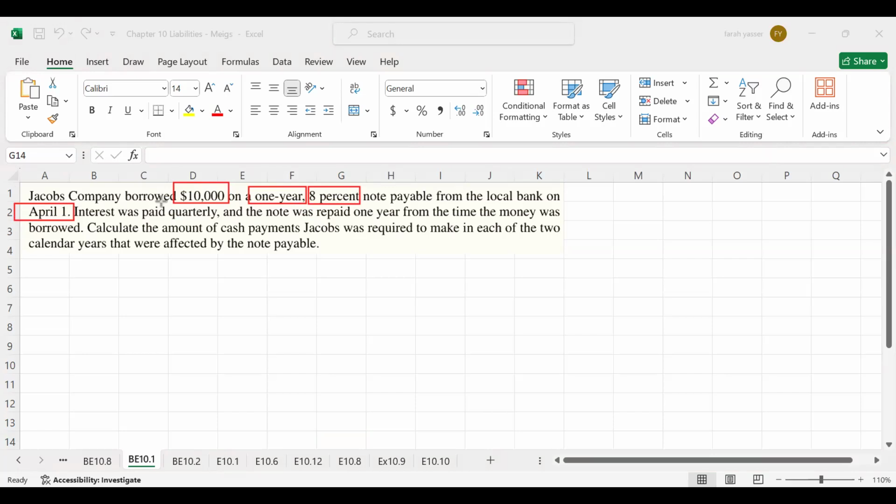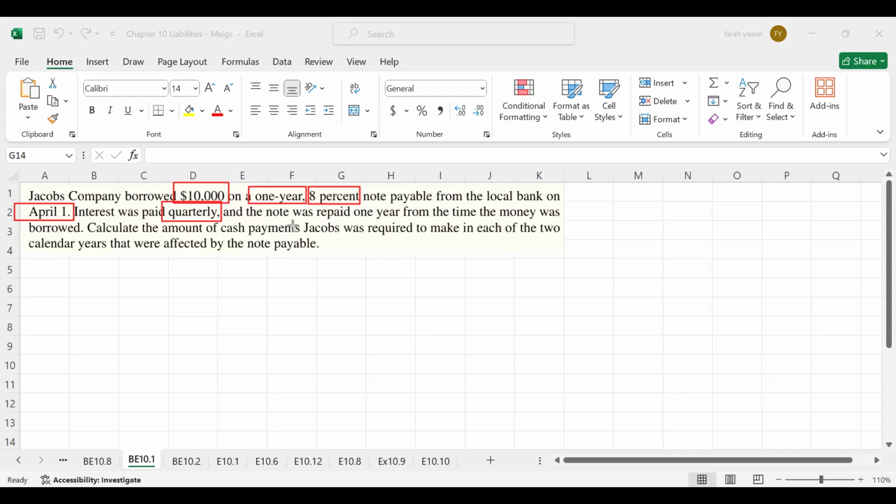Interest was paid quarterly, which means interest was paid 4 times in a year, and the note was repaid 1 year from the time the money was borrowed. Means the money was borrowed on April 1st of year one, and 1 year means the note payable will be repaid on 30th March of the second year.